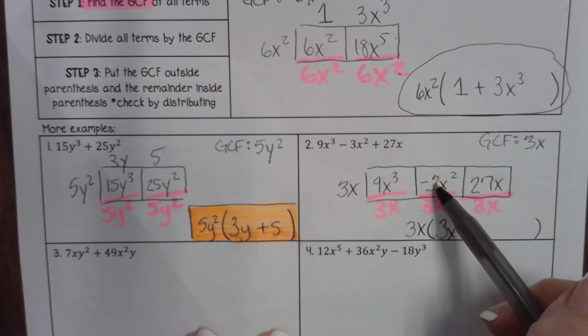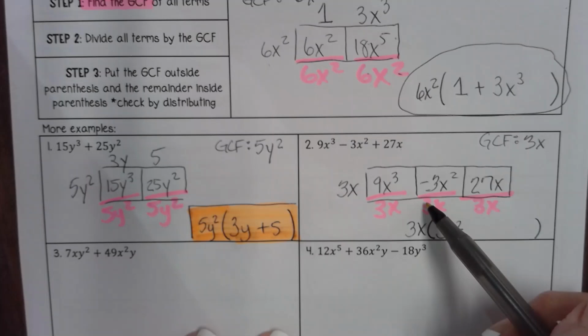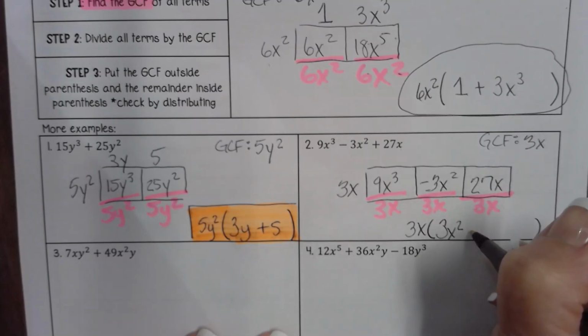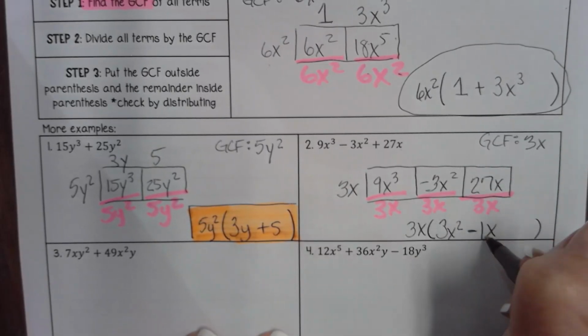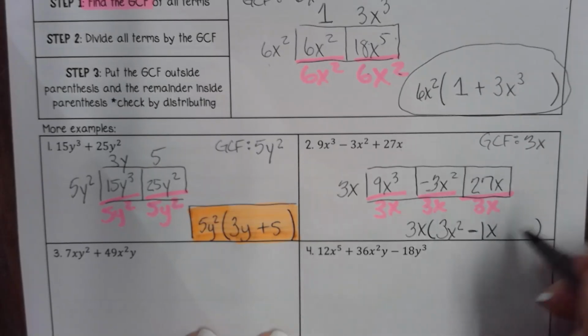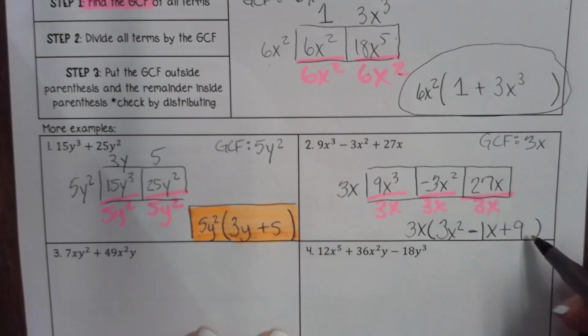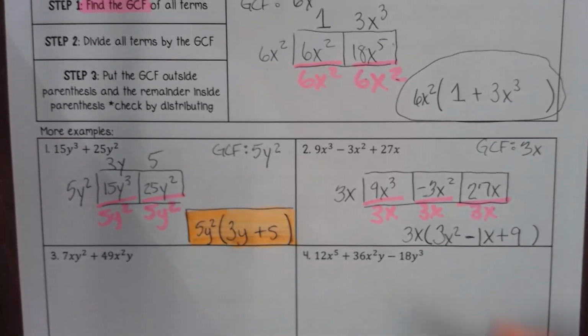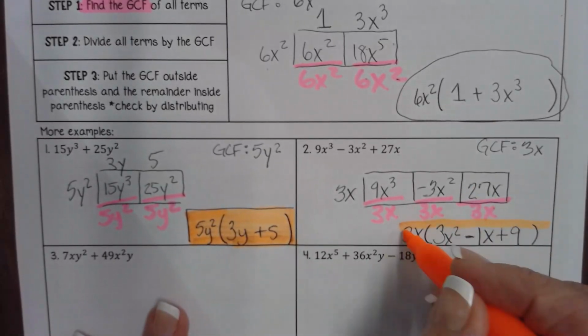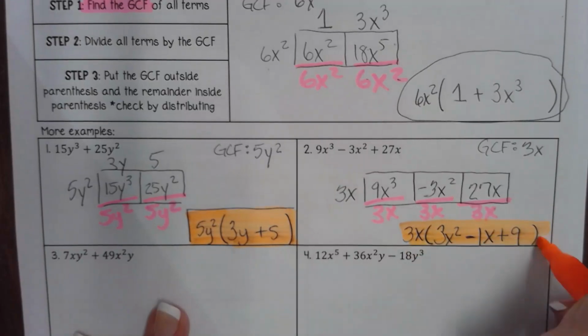Then, notice here, when I'm dividing negative 3 divided by 3, y'all, that's a minus sign, because that would be a negative 1, and it'd be a negative 1x. The last one is a positive 9, and you should not have an x. There should not be an x. The x is canceled. So this is factored form right there.